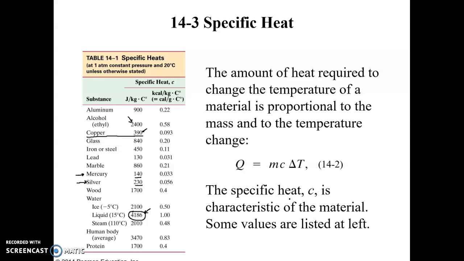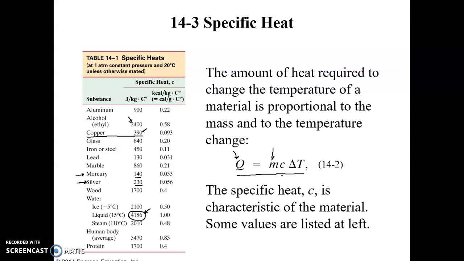And so we can quantify specific heat here, or at least use specific heat to quantify the amount of heat flow. Q is used to represent flow of either fluids or, in this case, heat energy flowing from one object to the other. So the amount of heat that needs to flow into a material in order to raise its temperature is equal to its mass.